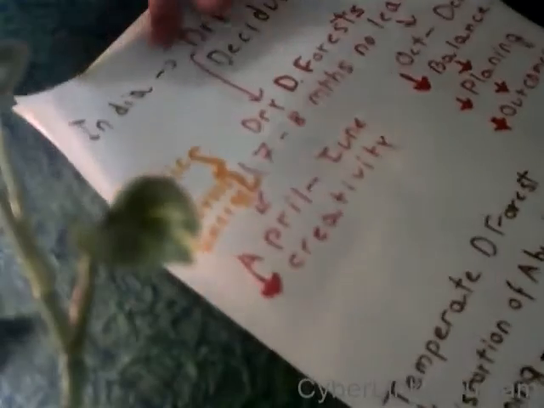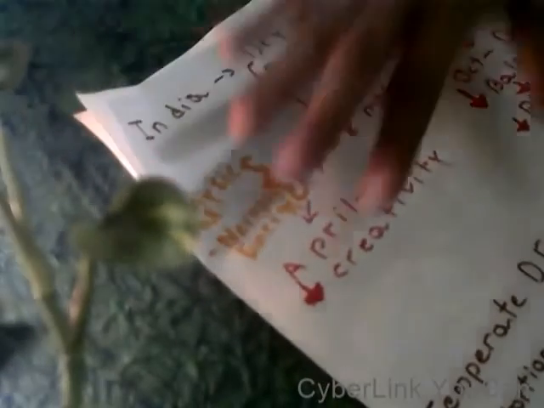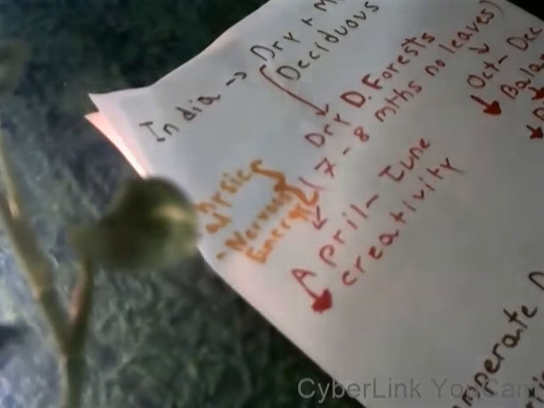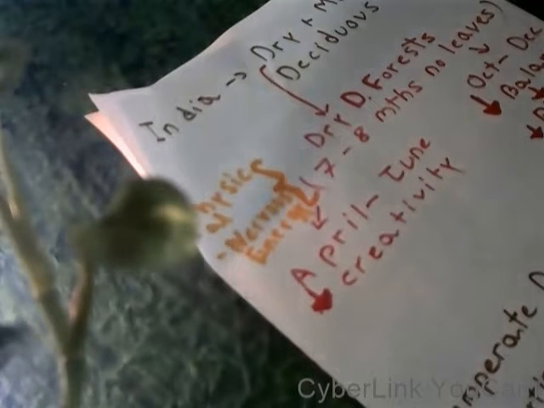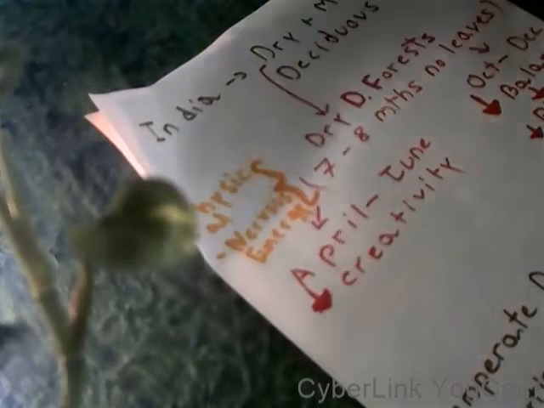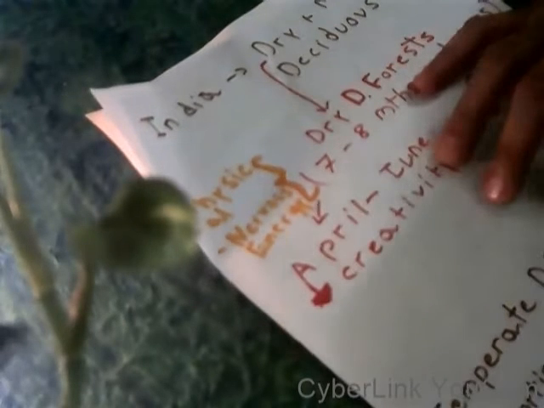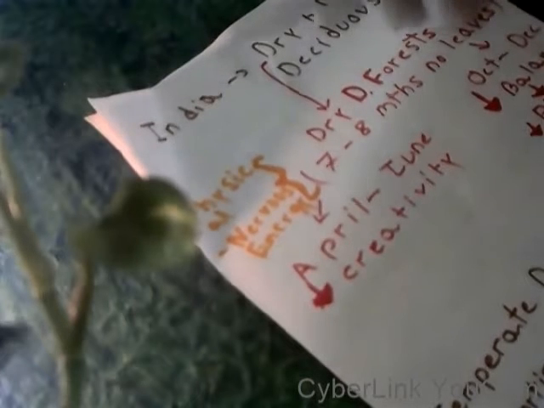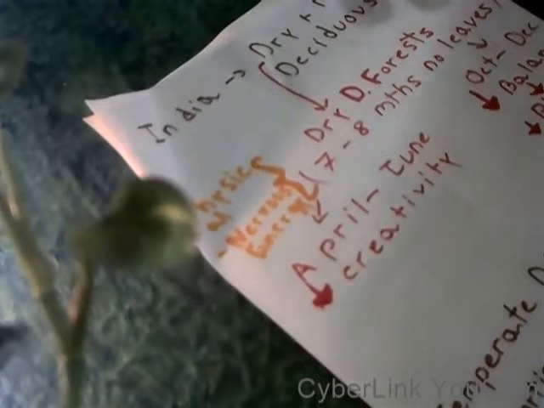Now, coming back to flora, because I really see this work on a macro level. Every country has a certain forest cover, and those forests are of a certain type. Like in India, we have deciduous forest, both moist and dry.